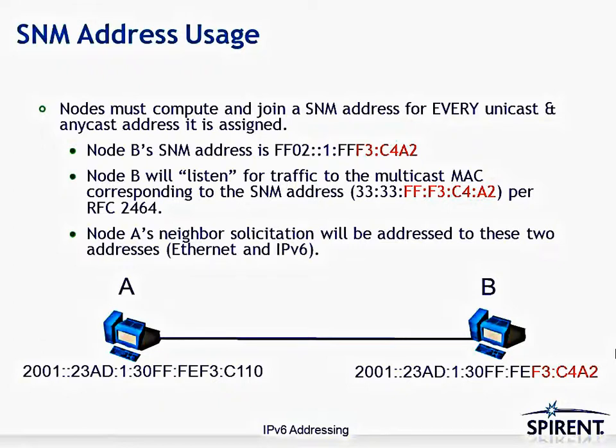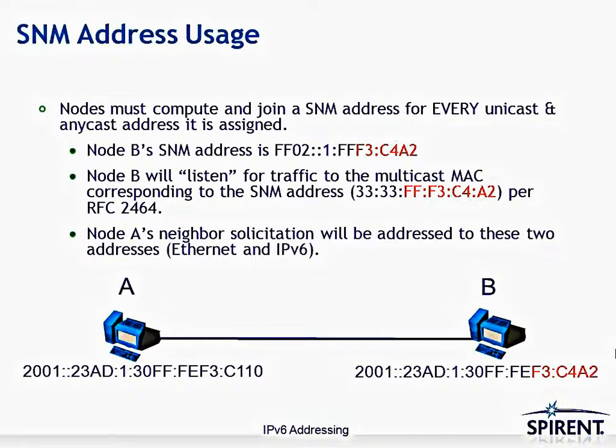Then I can map that down to an actual MAC address that you're listening to, because your network interface card will listen to several different types of MAC addresses: those addressed to its burned-in MAC address, which I don't necessarily know at this time; broadcasts, which we've eliminated with IPv6; or any multicast groups you have joined.